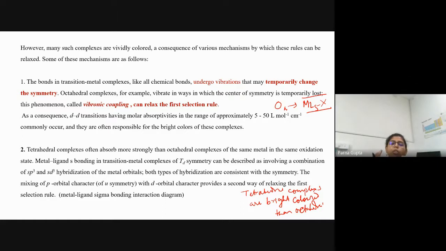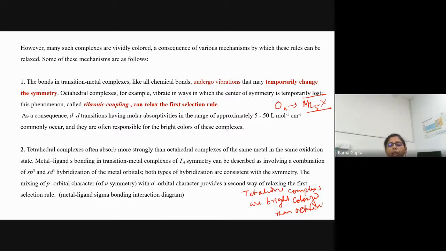In octahedral also, if we remember the hybridization of TBP geometry, the pz orbital, square pyramidal pz orbital, it is not purely d plus pz, or dz2, that hybridization occurs. So the purity of that p orbital or of a d orbital is broken, and in that case it becomes a little bit allowed.